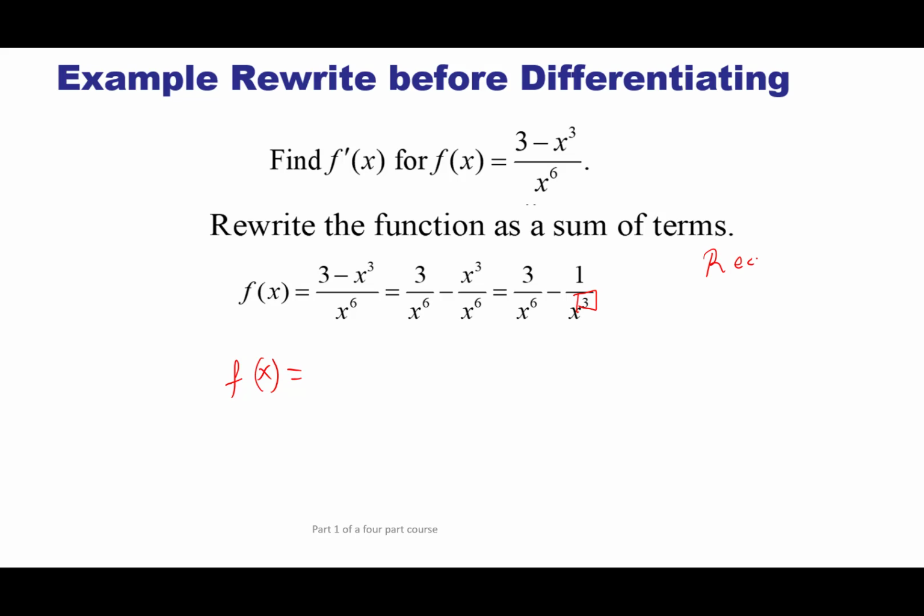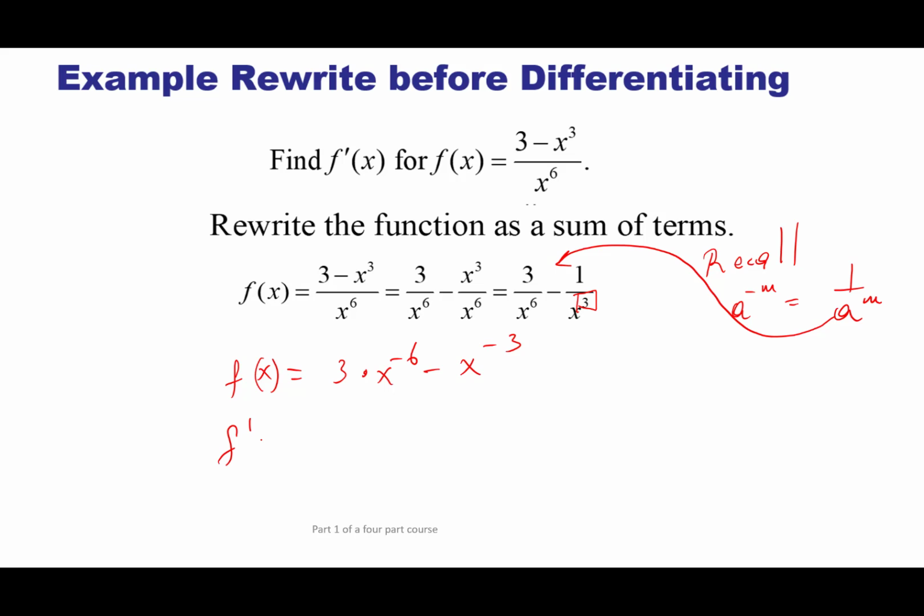Please recall, if you've got a to the negative m, this is the same thing as 1 over a to the m. So using that, I can rewrite these. So this here is going to be 3 times x to the negative 6 minus x to the negative 3. Now, if that is my situation, now I can differentiate.